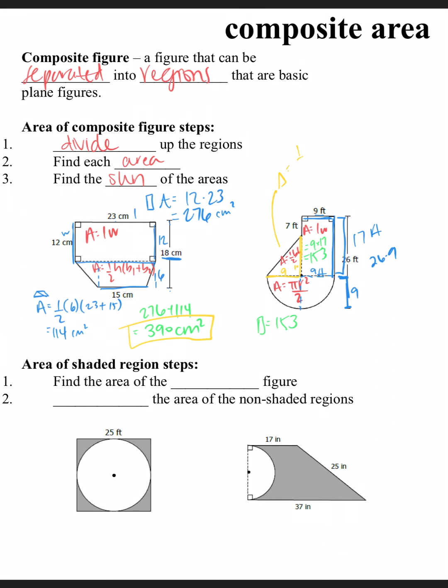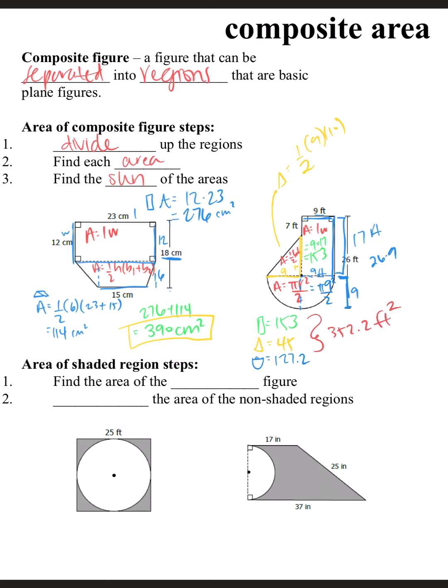So my triangle is 1/2 times the base of 9 times the height, which is 45. Our semicircle: we know our radius is 9, so pi times 9 squared divided by 2 is 127.2. Add those up to get the total of 352.2 feet squared. Just take it piece by piece.